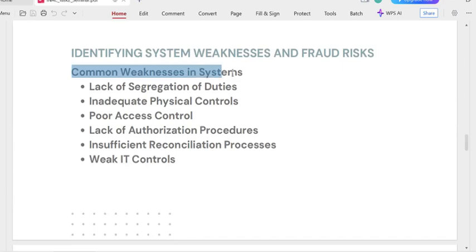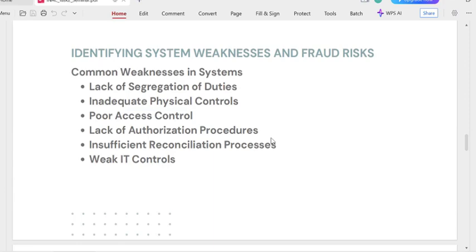What are the common weaknesses in systems? We have lack of segregation of duties. Like if your business involves cash and there is only one person who is handling that cash, it means that one particular person is solely responsible and accountable for all the cash which is being collected.